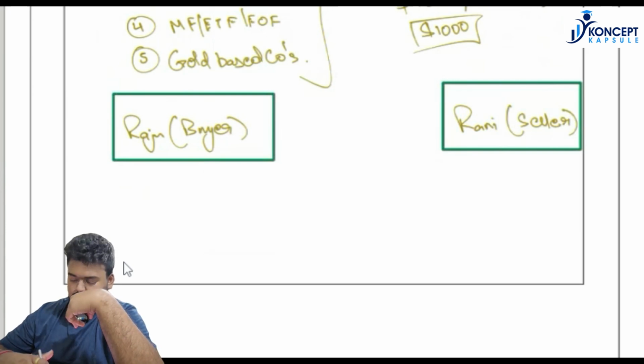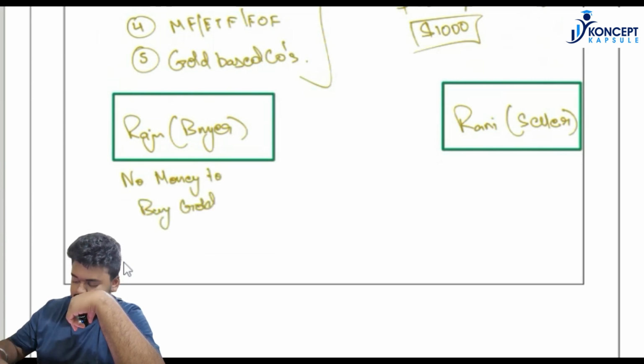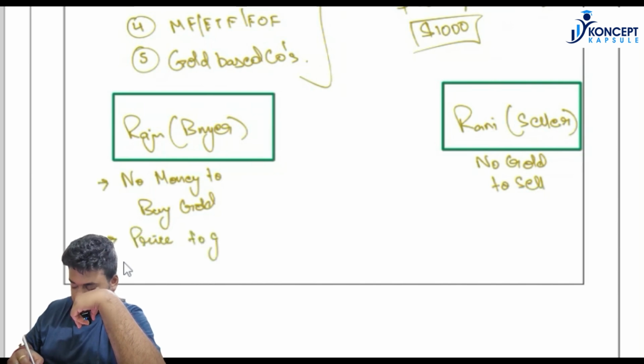Raju has no money to buy gold, and Rani has no gold to sell, but Raju expects the price to go up, and Rani expects the price to go down.